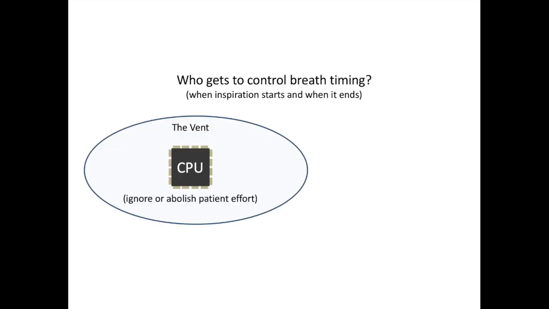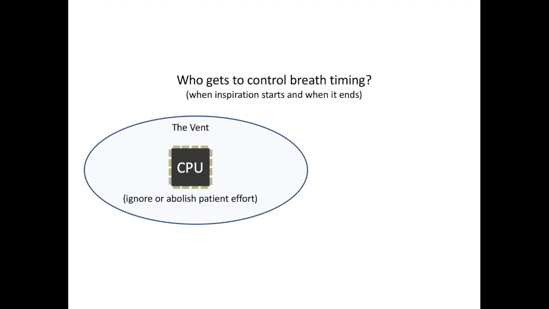The easy answer is you could just say that the ventilator gets complete control over when inspiration starts and when inspiration ends, meaning that you basically ignore whatever the patient is doing and let the ventilator's own CPU, the computer inside the ventilator, decide this is when I'm going to start giving inspiration and this is when I'm going to stop giving inspiration.